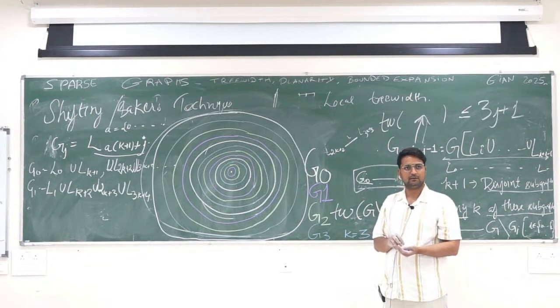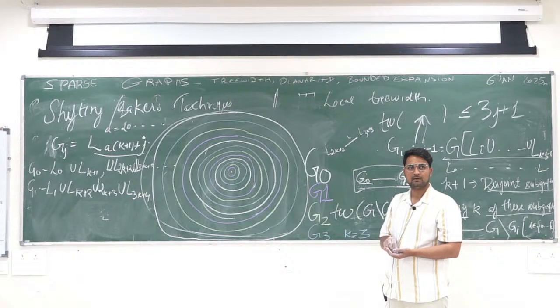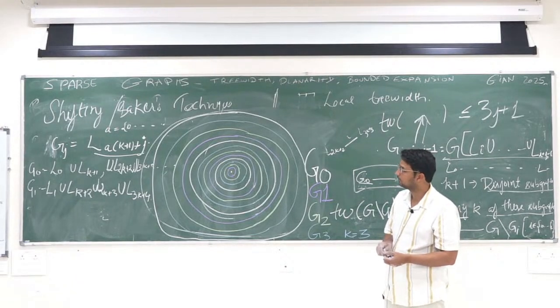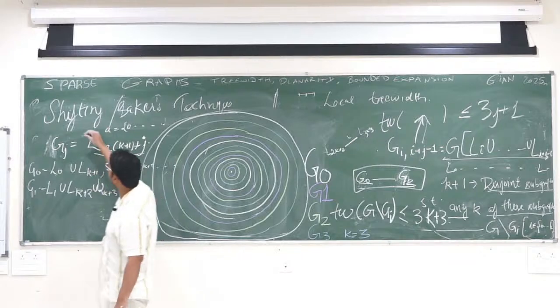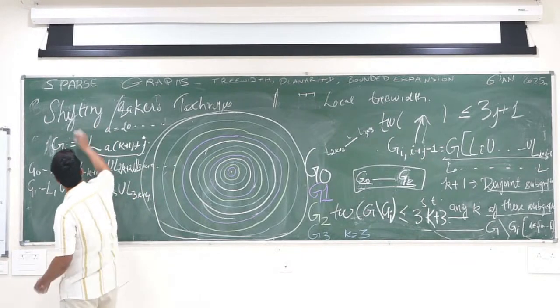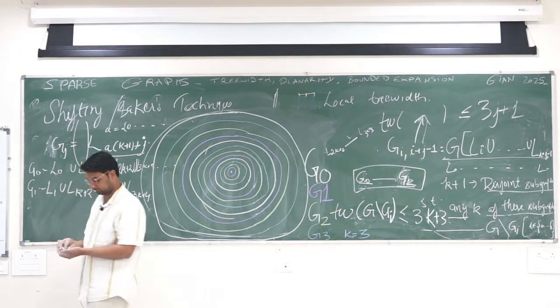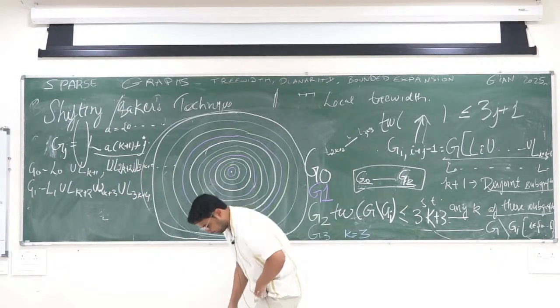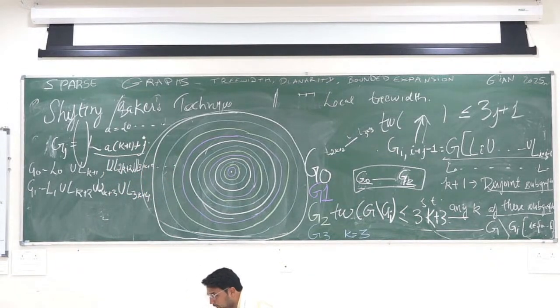So this Gj has a union, is there or not? Yes. Union. This has a union. So is it clear now for everybody?